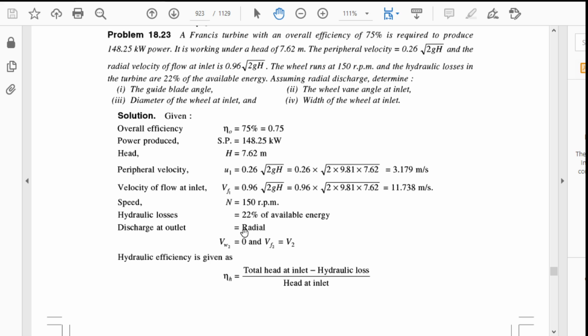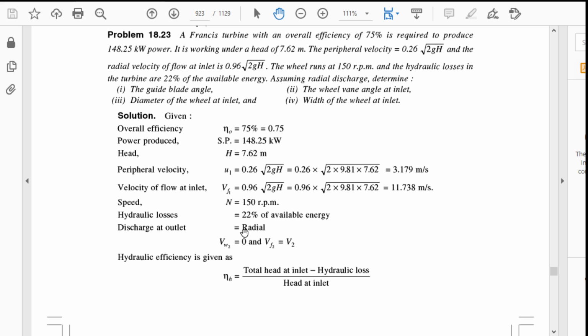Now they have given the hydraulic losses and head at inlet, so we can find out the value of VW1.